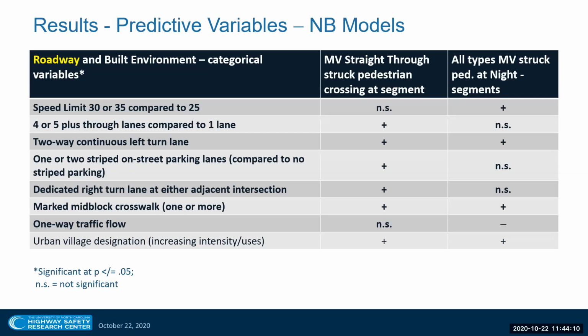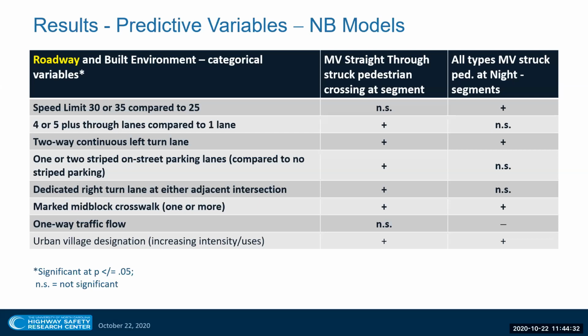And then also we found that when there were right turn lanes at either adjacent intersection, it was associated with more risk at those segments. And you can imagine that might be the case because pedestrians may have trouble crossing at such locations. Some of those may be free flow, or motorists aren't stopping before turning right on red.